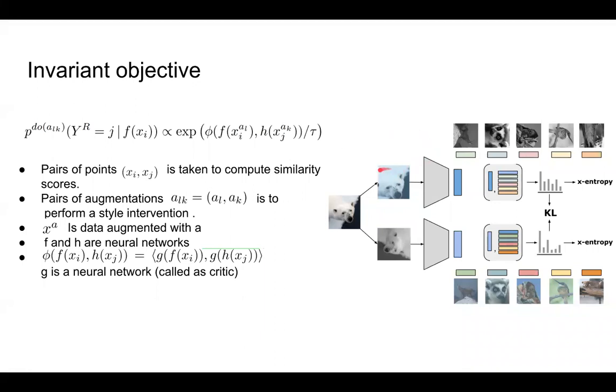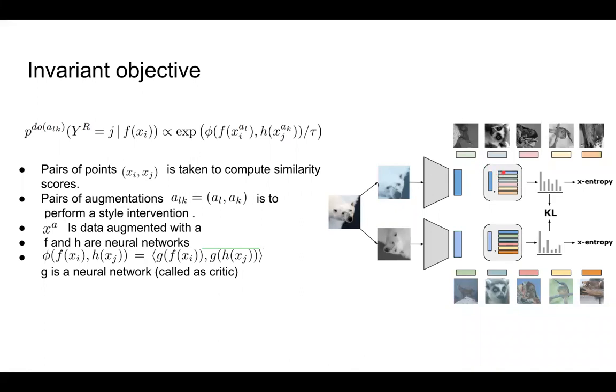Like here, this blue bear is xi, and suppose our data set has 6 images, the 1, 2, 3, 4, 5 here plus the bear. Each of these 6 images goes under this new style, which is dark and rotated by 90 degrees, and then for every augmented image we will have a representation.